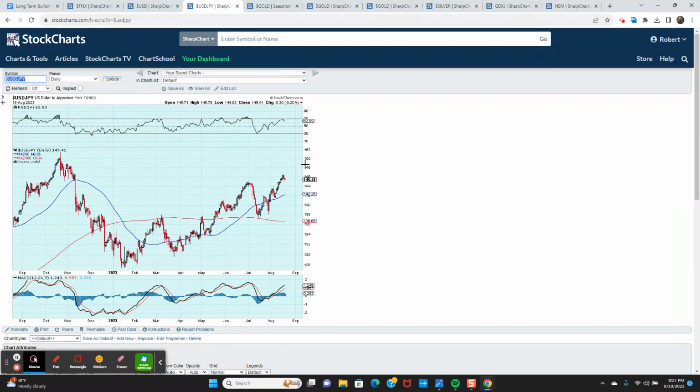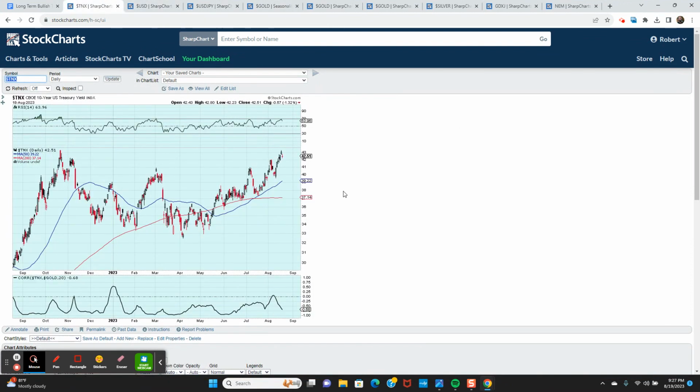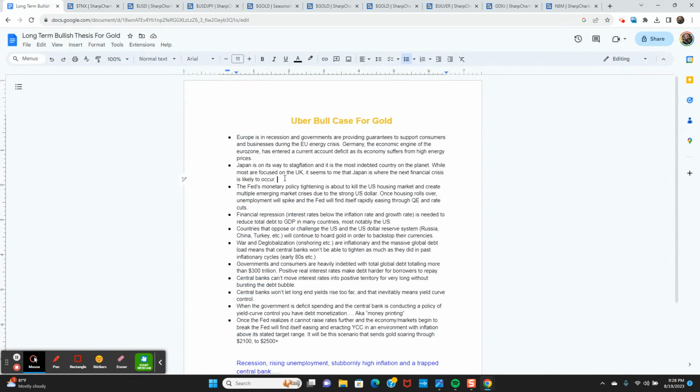So it feels to me like we're coming close to a big inflection point. I don't know what the macro event is going to be. I don't know the exact timing of it, but it feels like markets are lining up for a big event here fairly soon. And that big event could trigger a trend change in certain markets, like treasury yields, like gold, like the dollar.